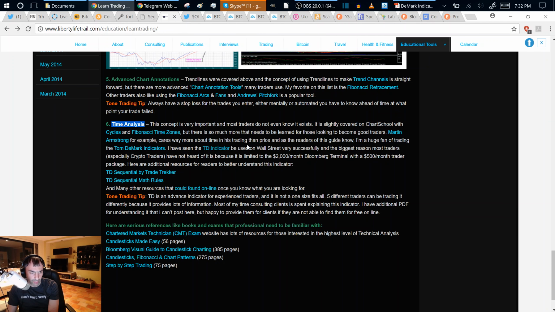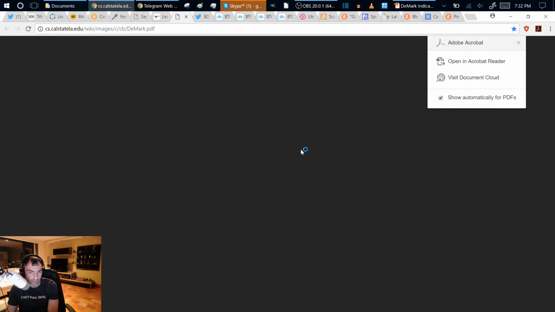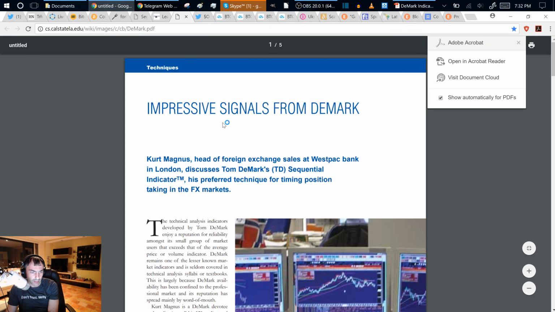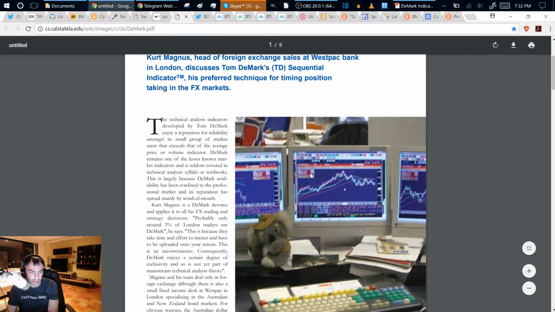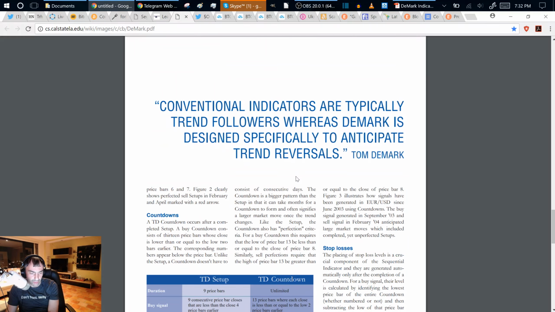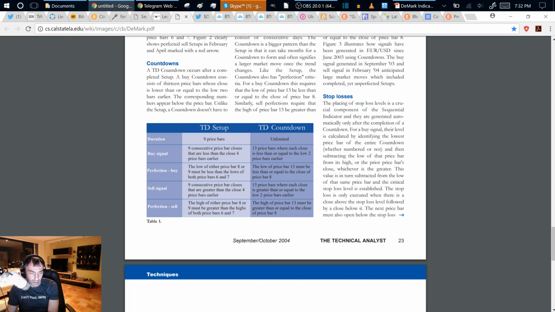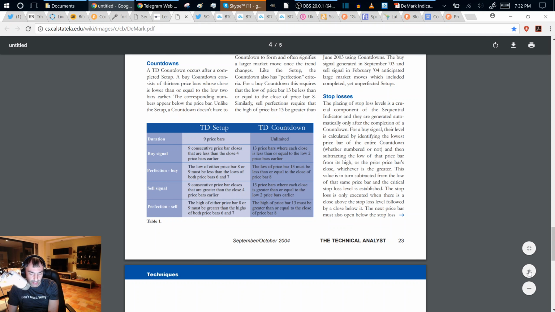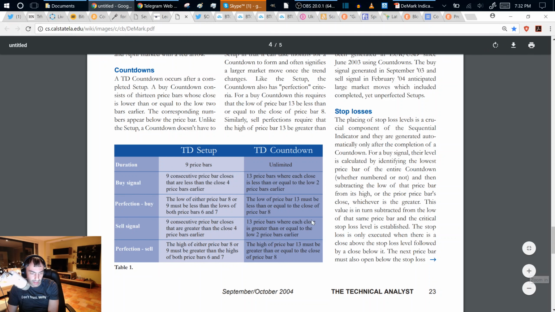There are some really good indicators here, including the time to market indicator and how it's used. Here's the first link for the time to market indicator, probably my favorite article on it, so you definitely want to read this. It shows you the very basic rules of how to recognize a TD setup and a TD countdown.